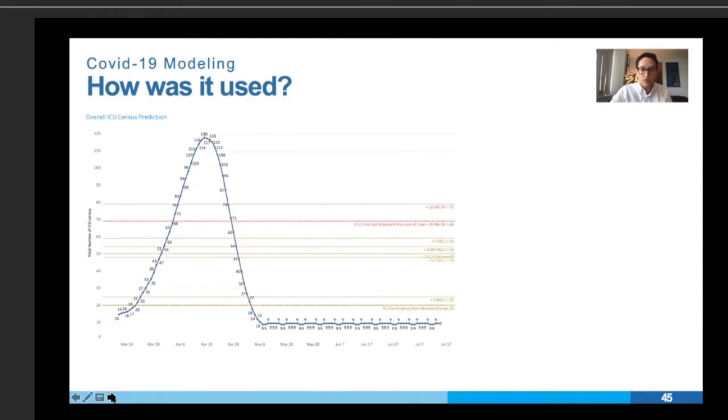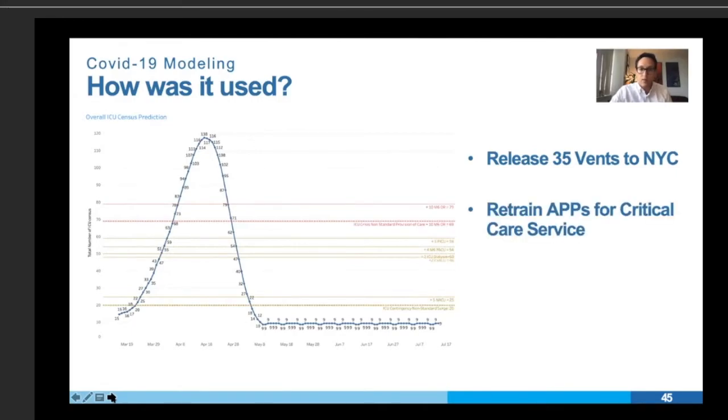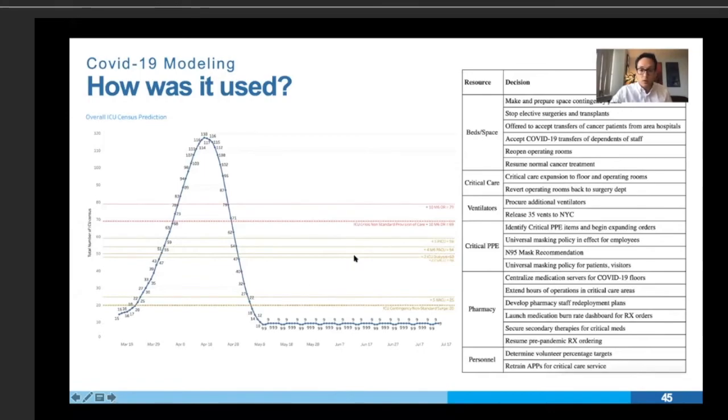Some of the other decisions included releasing 35 vents when we realized that the needs wouldn't be as high as we originally feared, retraining APPs to be able to provide critical care services as that became more strained, and then guiding critical PPE and pharmacy orders. And there were many other decisions that were downstream of this, but those are just a few. And so I will pass it to Isaac now to talk about some of the other aspects.